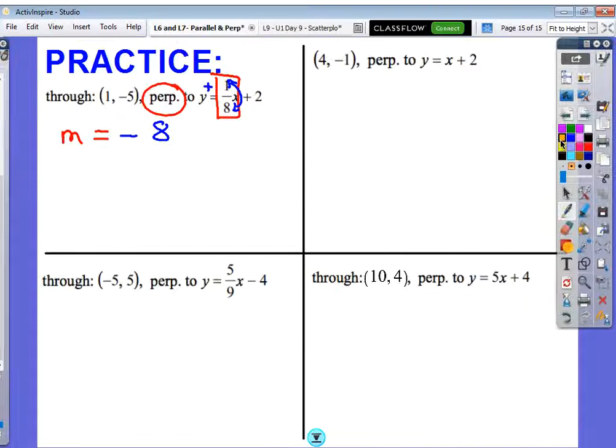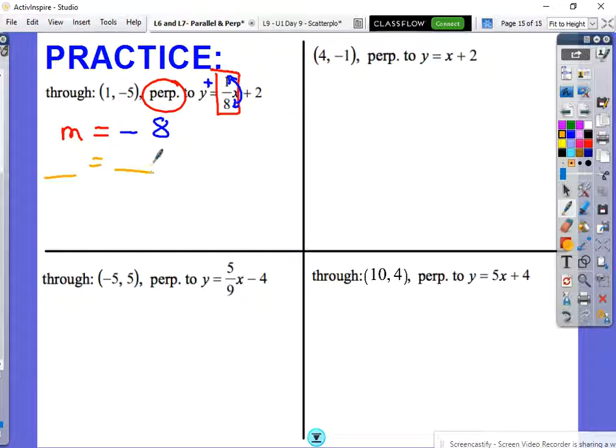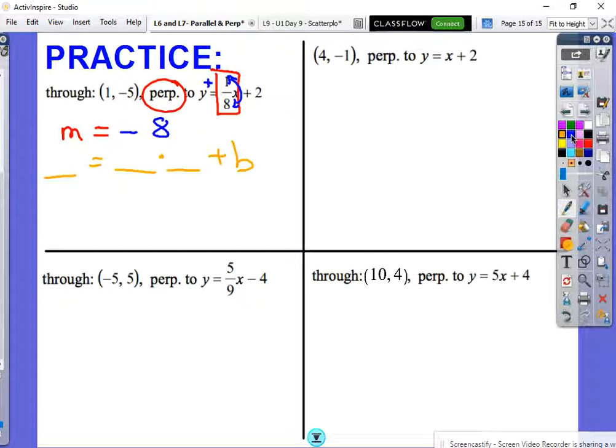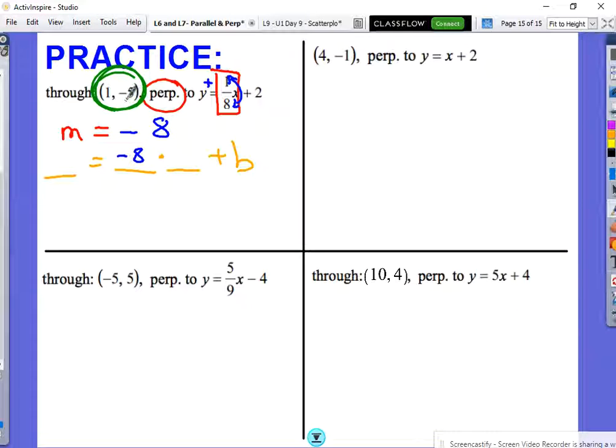Now I do blank equals blank times blank plus b. Let's start plugging in my numbers. We just found my slope, so I'll write that one in, negative 8. And remember, I've given you a point. This is your y value right there, so that's negative 5. And this is your x value, that's positive 1.